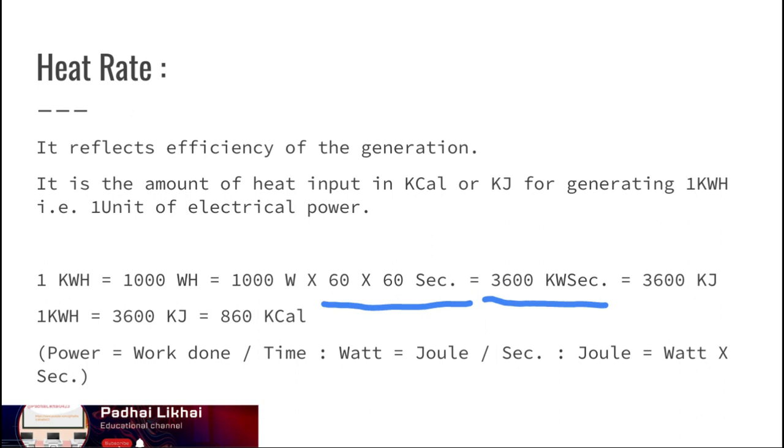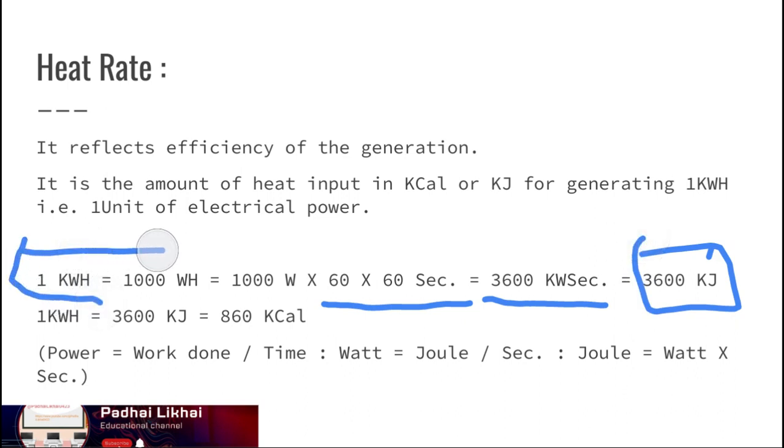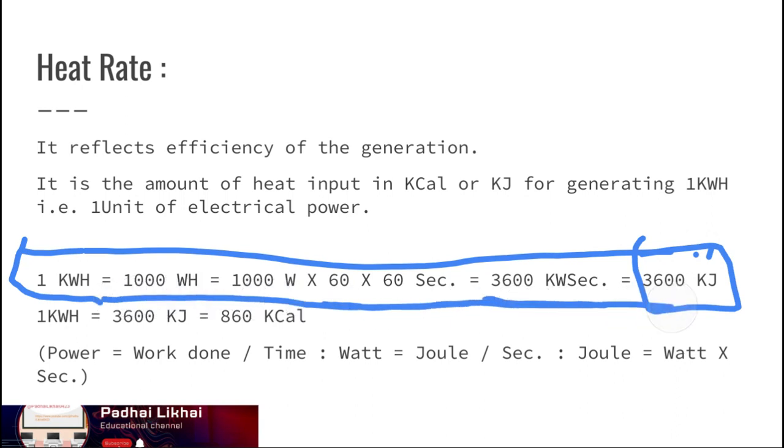This kilowatt second, this watt second has a special name, which is joule. So this is 3600 kilojoule. So 1 kilowatt hour is equal to 3600 kilojoule, and it is also 860 kilocalorie.